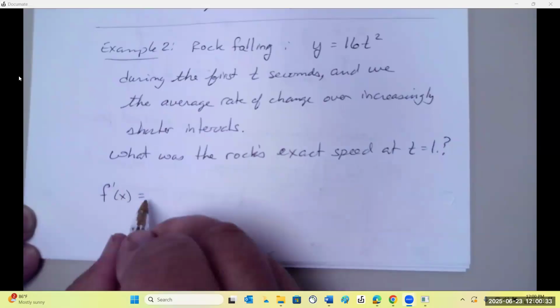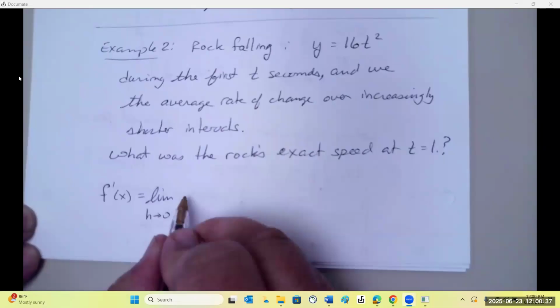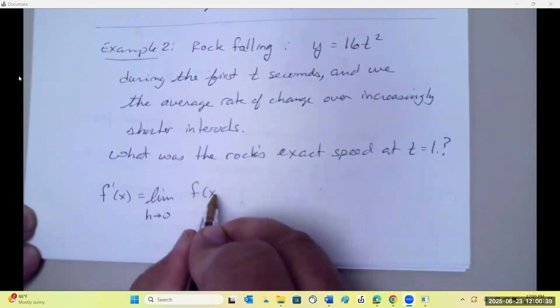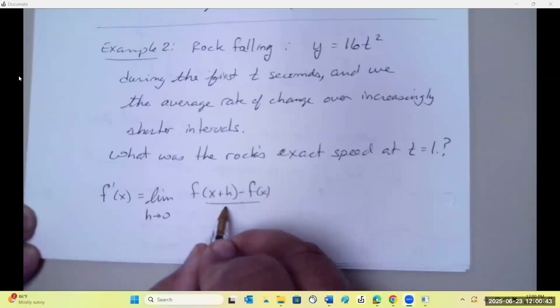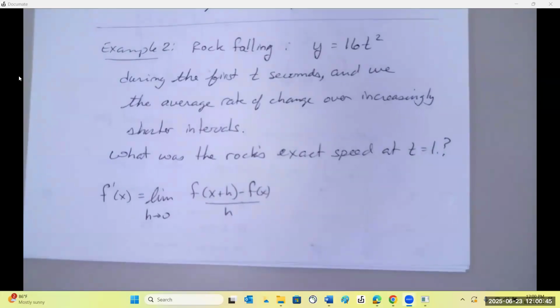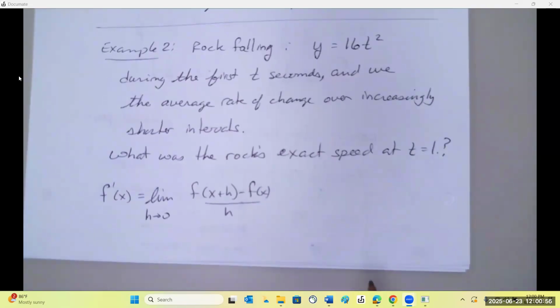It wants the derivative of this function. So whenever it wants instantaneous rate of change, and it gives us only one time, then we have to find the derivative of it.